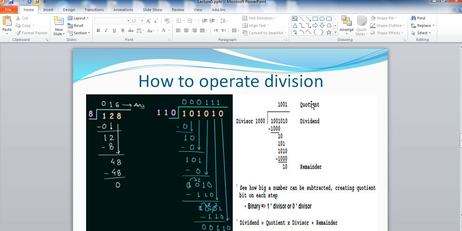We have the content that is going to move to the left, so it's a shift left register, and the last bit which you put, we call the least significant bit. The first bit which you put is the most significant bit. And we have this register we call the remainder register. So we have 4 registers.